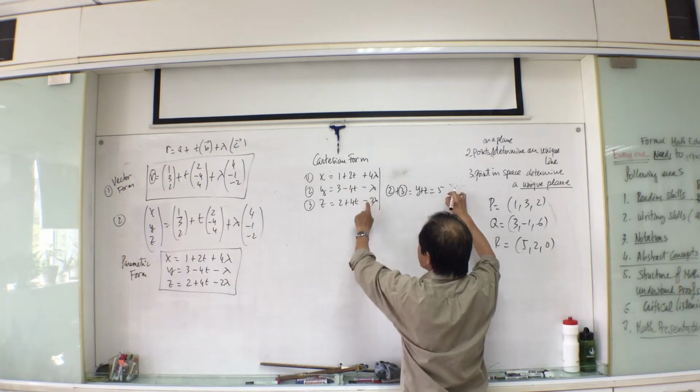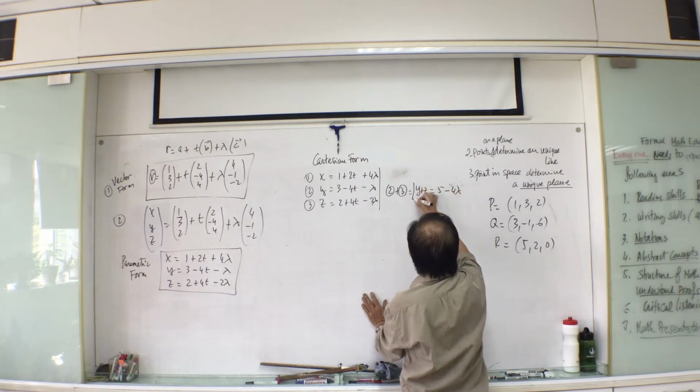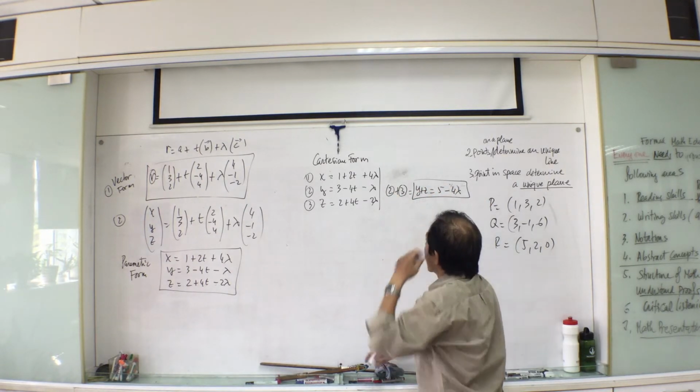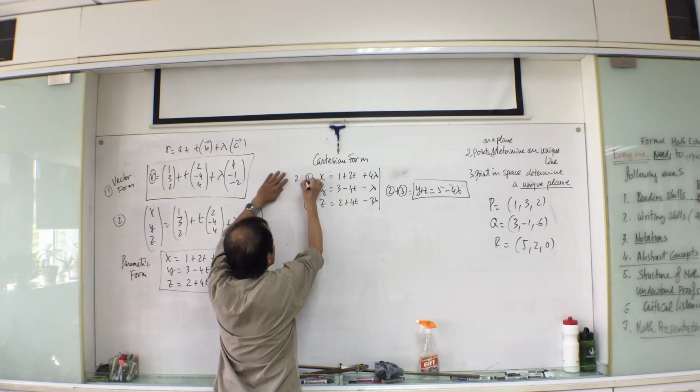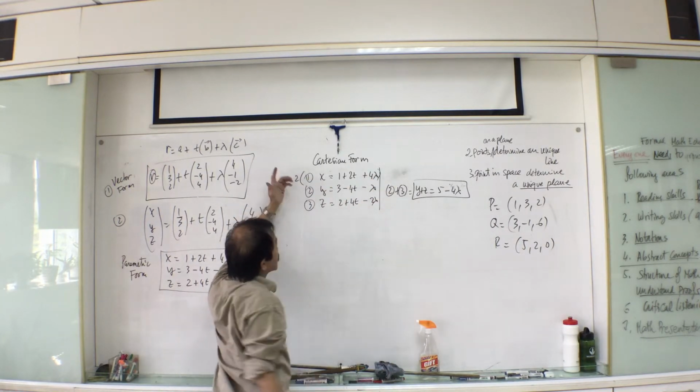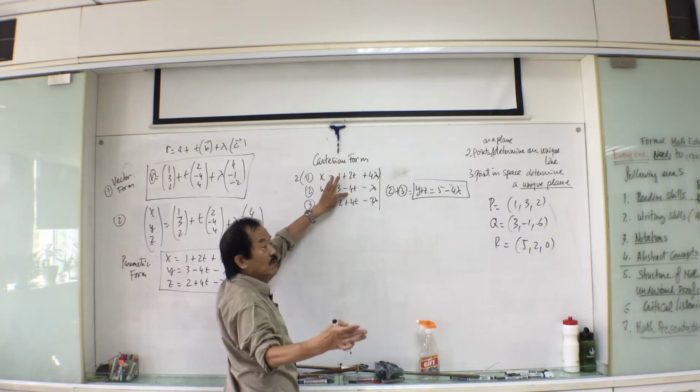So negative lambda plus negative 2 lambda equals negative 3 lambda. So this is the first equation we have. Now we want to get rid of t using the first one: you multiply the first one by 2, the reason is 2 times 2t equals 4t. You add this one, t is also gone, right?